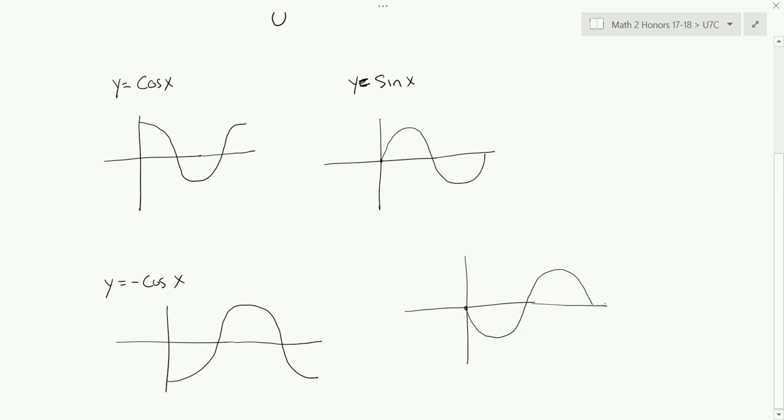Okay, so those are the only four general shapes you'll see: 2 for cosine, 2 for sine, depending if it's positive or negative. So you look for those shapes when you're writing equations, and based on the shape, that tells you what kind of equation you're going to work with. But then you also want to look for the amplitude and the period of that function, and those together will help you form your equation.